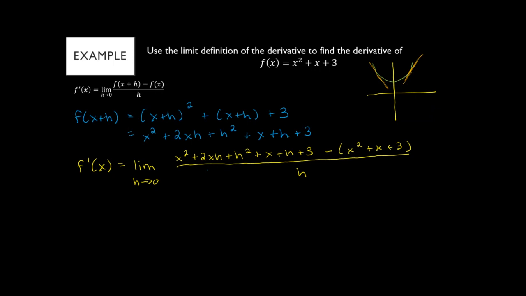So we've got a lot of algebra to do here, and this is why you have to learn algebra before you do calculus, because calculus is applied algebra, essentially. You're doing a lot of algebra in order to do your calculus.